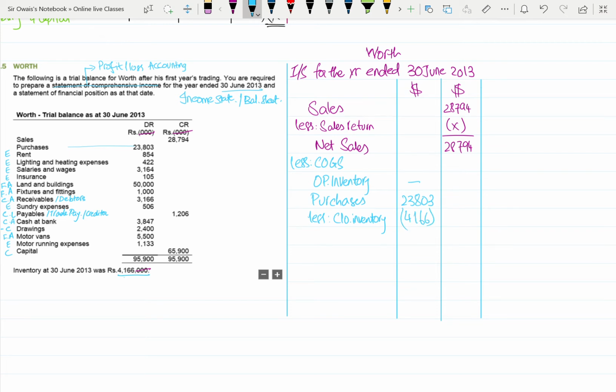4166. In this question there was no net purchases working, so I just need to write net purchases here. In other typical questions, I would be getting some more information to calculate the net purchases, so I would show all the workings in the bracket here to get the net purchases, right?